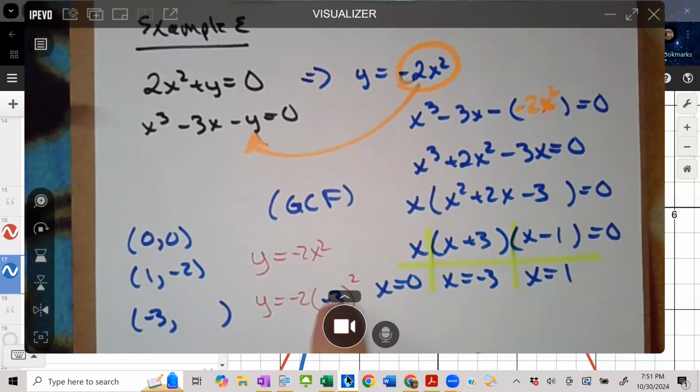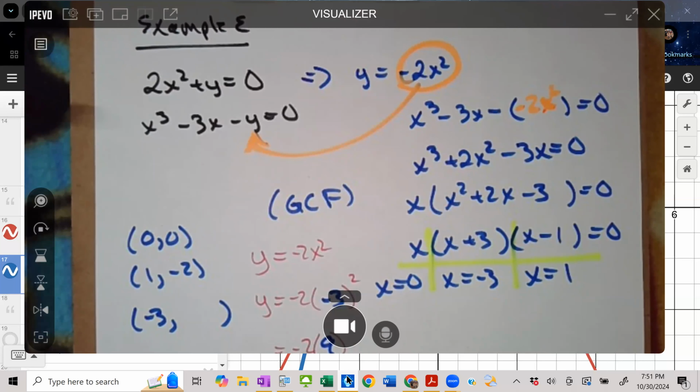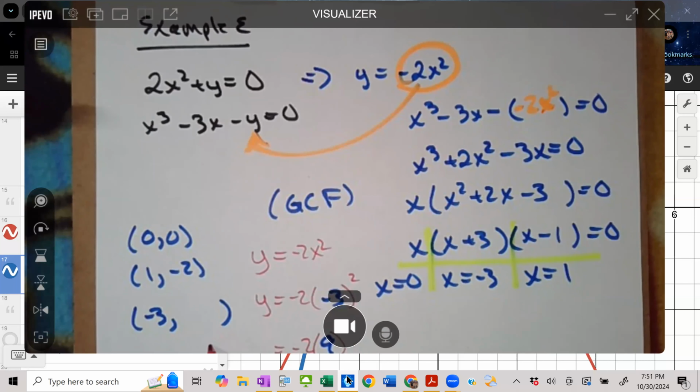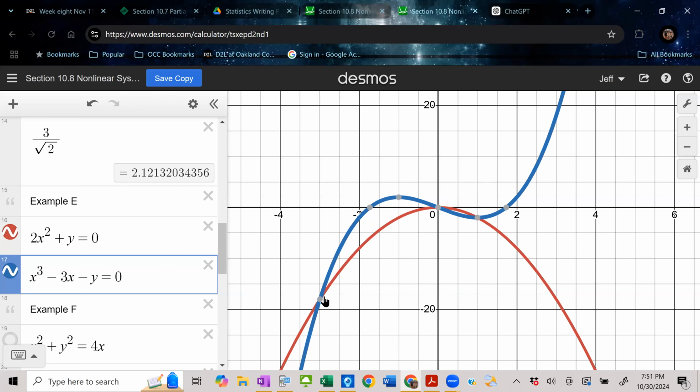So when you square that, you get a +9 times a -2 gives you a -18. So -18. There you go. Once again, you can corroborate this by looking at the graph. 1, 2, and 3. Those are our solutions.